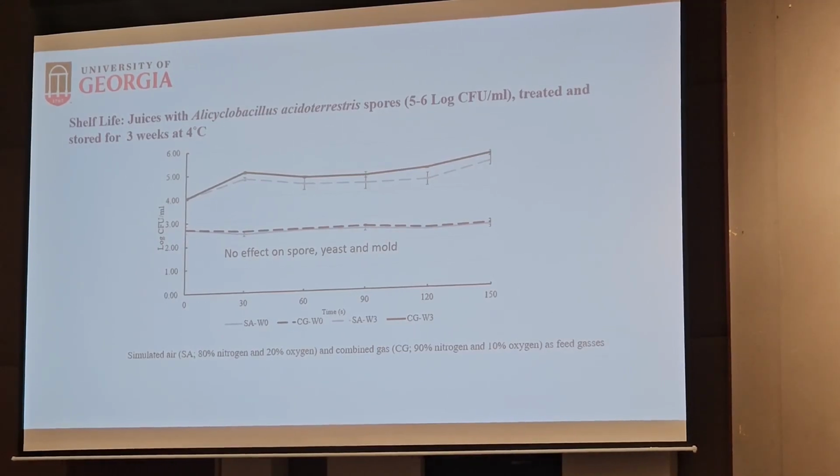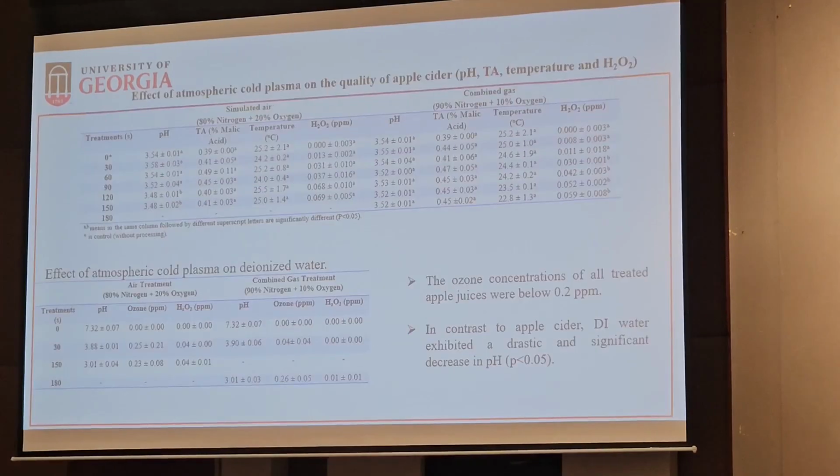That was kind of a little surprise, that this cold plasma was very effective on bacteria, but not as much as on spores. With time it looks like coming closer. So you can see here basically the actual ozone concentration in all the juices was very low, below 0.2 ppm.